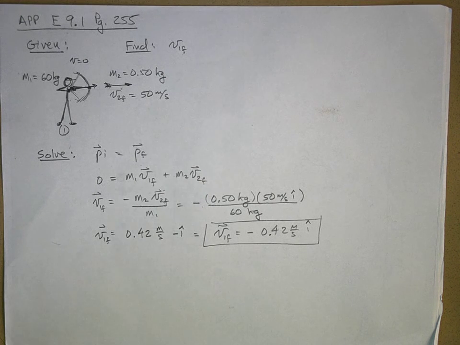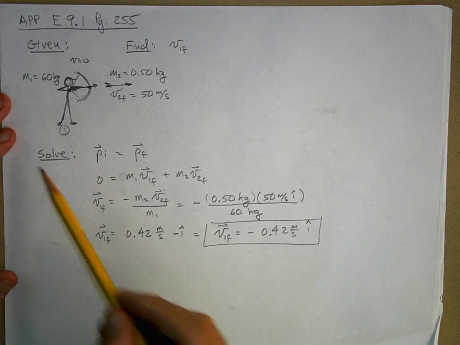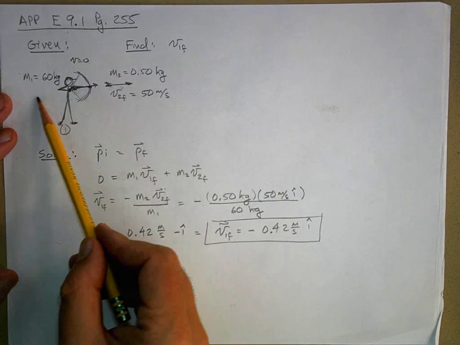So, big picture, and this is what you should do after every problem: what's the big picture? What's the big idea? In this problem, momentum is conserved. How do you know that? Well, the arrow's moving this way, the archer's going to move that way.